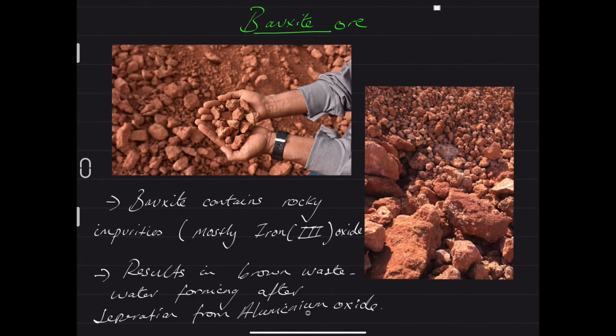So separating out the aluminium oxide from the bauxite ore results in brown wastewater forming.